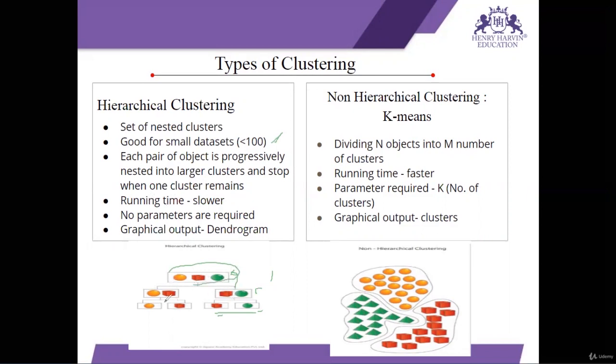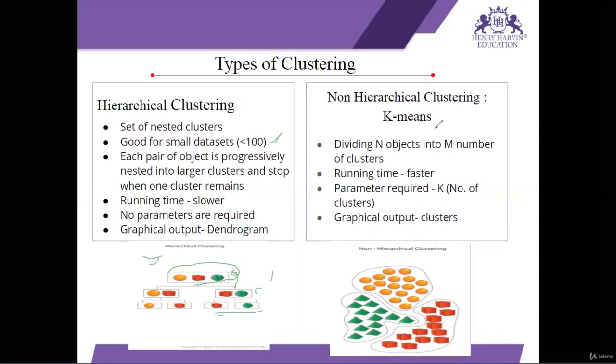So to create a hierarchical clustering, the time that is required is much more as compared to k-means. There is no parameter required for making clusters in hierarchical clustering. Then the graphical output of hierarchical clustering is known as a dendrogram. So this type of graph which is created for hierarchical clustering is known as a dendrogram.